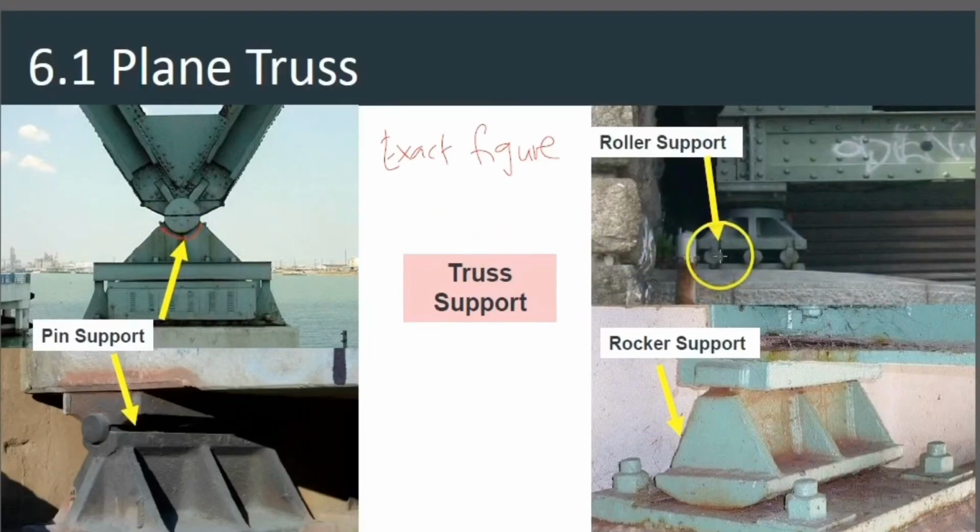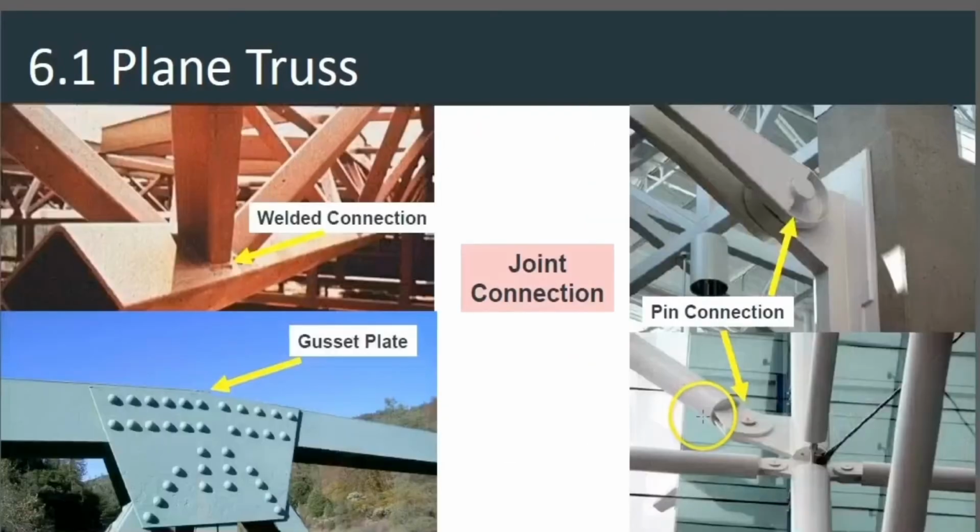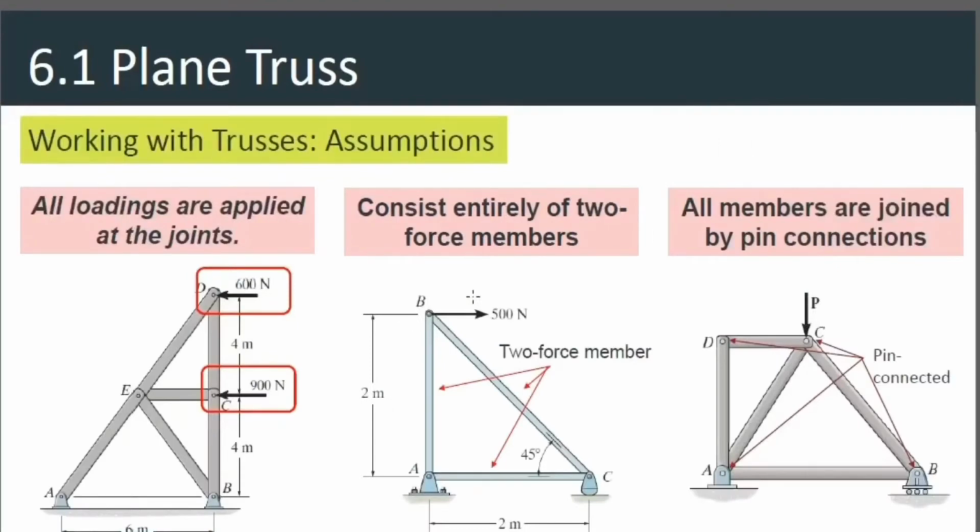So this is the exact figure of the pin support, roller support, and then rocker support. This is a joint connection. We have a welded connection, a pin connection using a pin, and then a gusset plate. So these are among the examples.